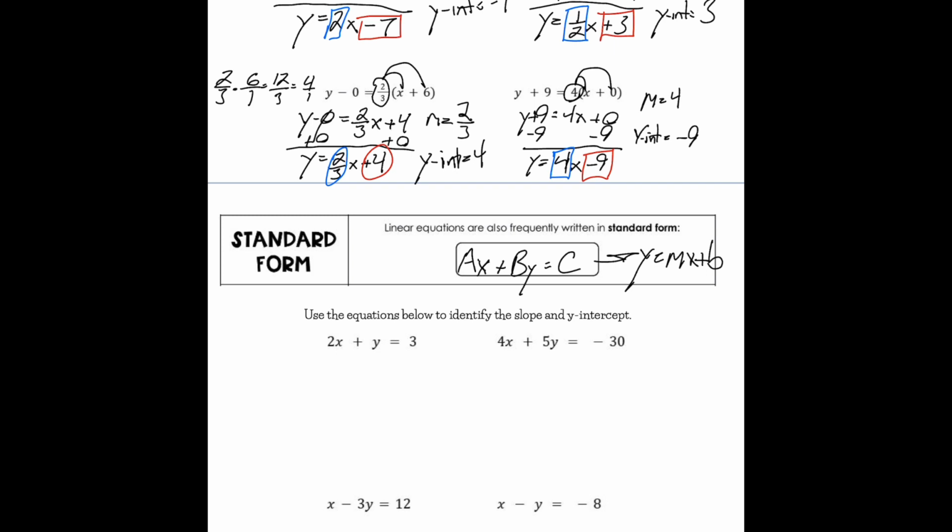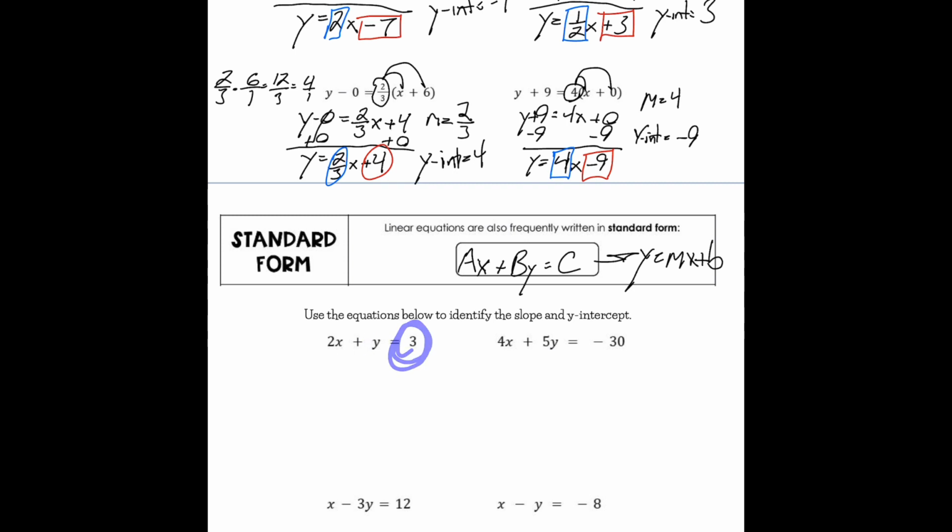It says 2x plus y equals 3. So my equation says ax. This says 2x, so 2 is my a. My equation says by. This says y, so my b is 1. There's really an imaginary 1 there. And then equals c.